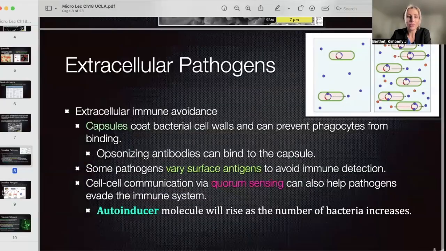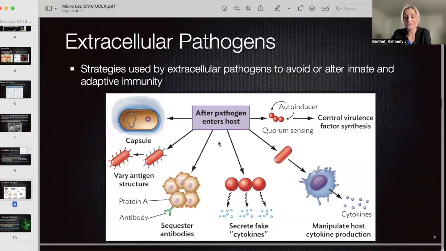And then we also have quorum sensing. So quorum sensing falls into quite a few things over here. Quorum sensing enables cells to communicate with one another. They wait till they're at critical mass. They wait till they're at a critical volume when they replicate. And then they're able to synthesize virulence factors together, again, toxic factors. So they wait until they're at a high enough number in order to launch an attack.